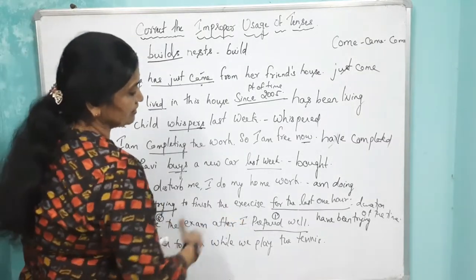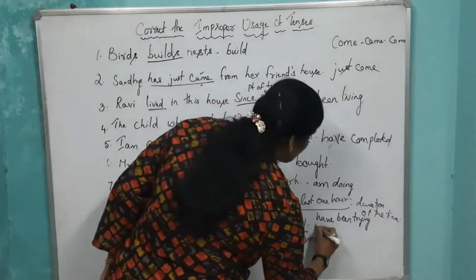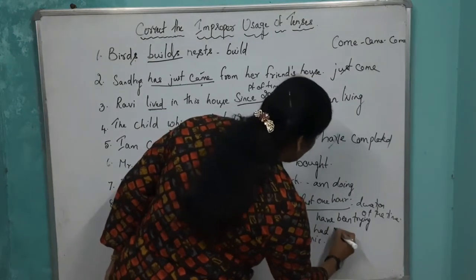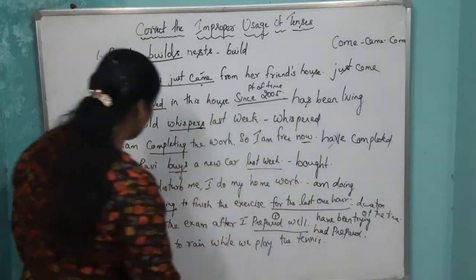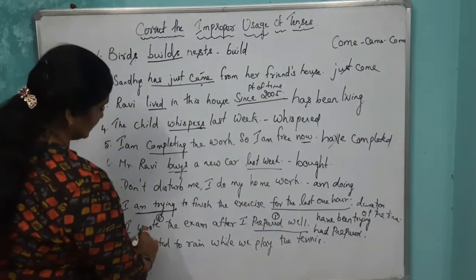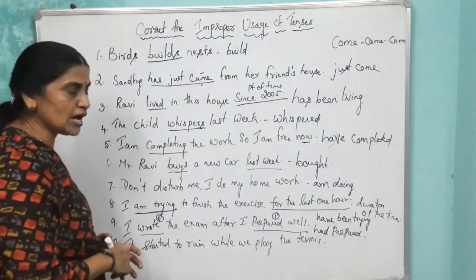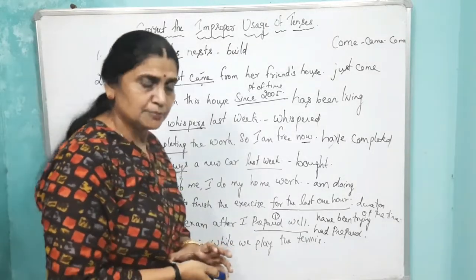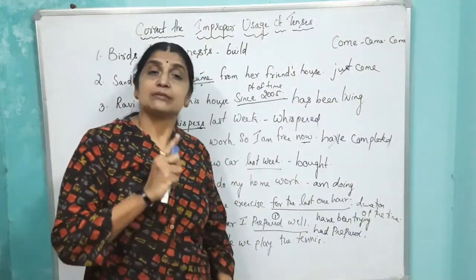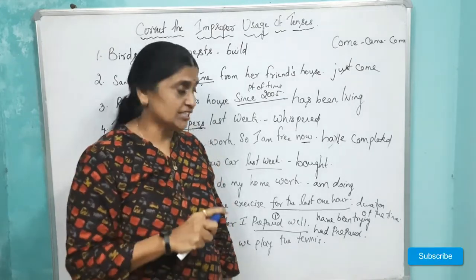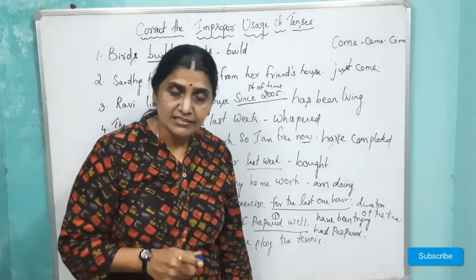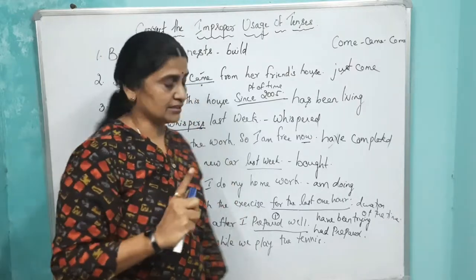So, the first activity takes past perfect. I had prepared well. Okay, so I wrote the second, it is correct, it is in the past tense. So when 2 activities take place in the past, the first completed activity you have to put in past perfect tense, the second activity in the past tense.